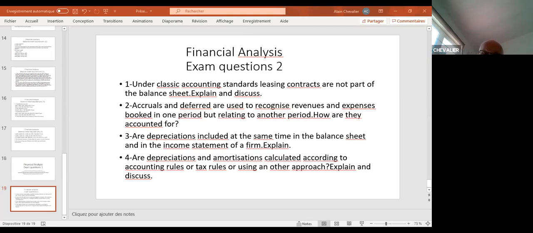So the signal brought by the distribution of dividend in both firms is very often a signal of a potential future equity issue in the short term. This is the announcement of the equity issue.